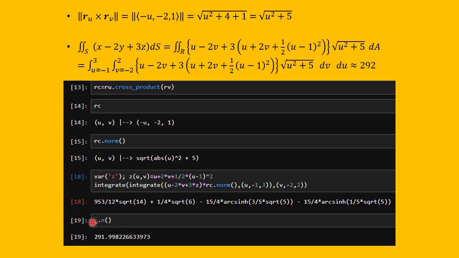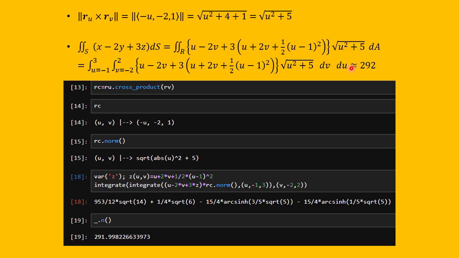I can use an underscore, which represents the previous answer, which was all this stuff up here, and then .n with parentheses. This .n with parentheses gives me a decimal approximation of whatever the value of this thing was right here. And it turns out to be 291.998 something. As you can see, this is very close to 292, which explains why up here we said that this integral is equal to 292 approximately.